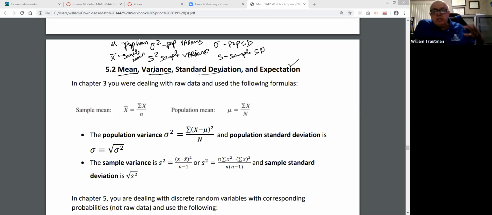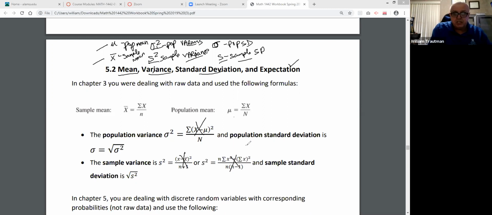So I just wanted to refresh our memory: S squared is sample variance, S is sample standard deviation, and this symbol called sigma is population standard deviation, population variance, and then we have the two means, population and sample. Okay, and then they give you these formulas. Don't worry about these formulas because we are going to be using the calculator.